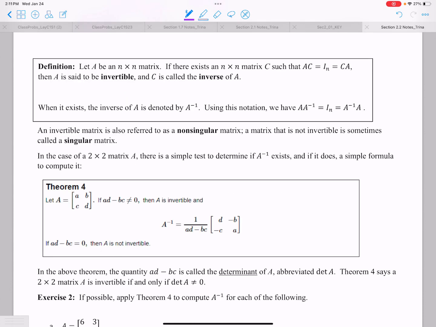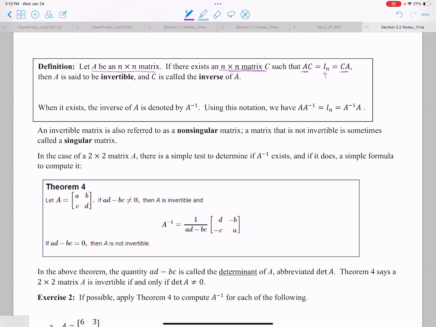So here's the definition of the inverse of a matrix. Only square matrices have inverses, so we're starting off with a square matrix A. If there exists another square matrix, we're going to call it C, so that when you multiply A times C or C times A, both ways, you get the identity matrix, then that matrix C is called your inverse.